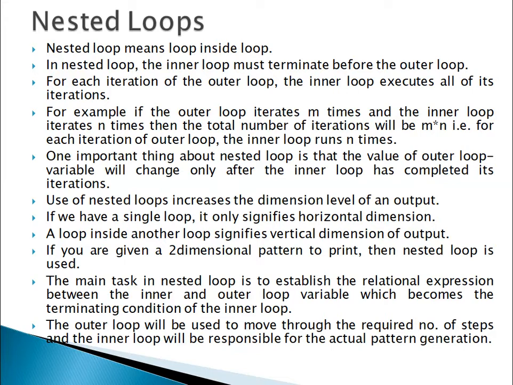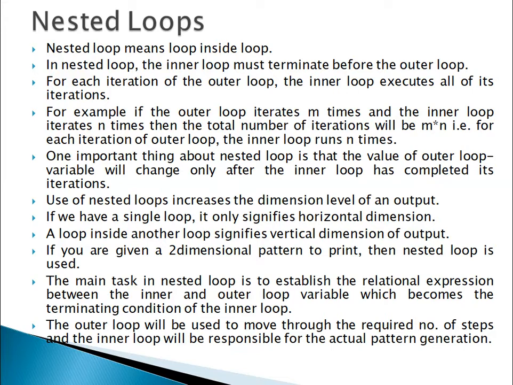One thing to be noted here is that the value of the outer loop variable will change only after the inner loop has completed its iterations. Means after the complete iterations of the inner loop, the outer loop will change one value. For example, in the clock suppose there are two hands, one for hour and one for minute.